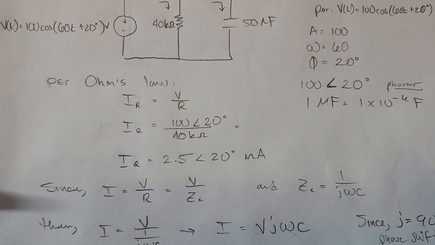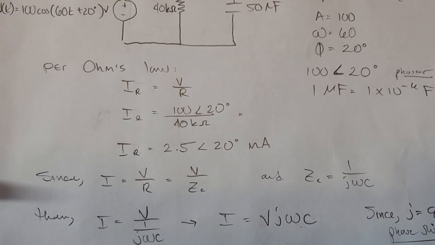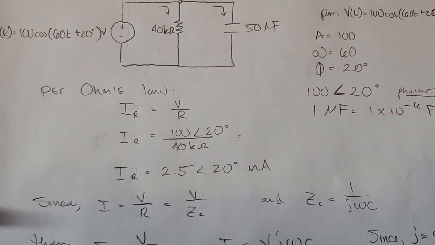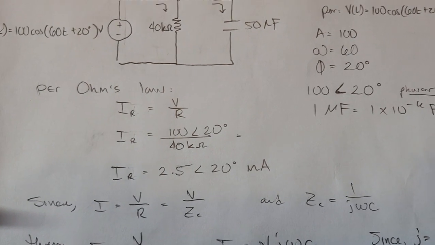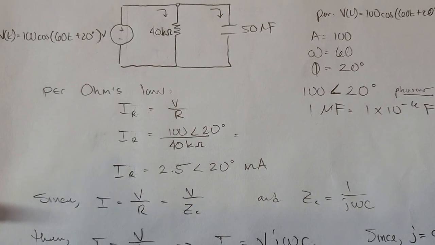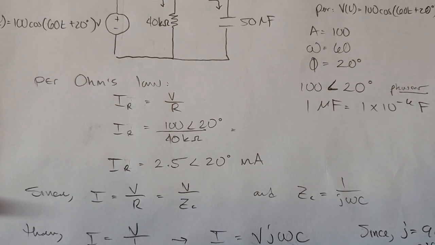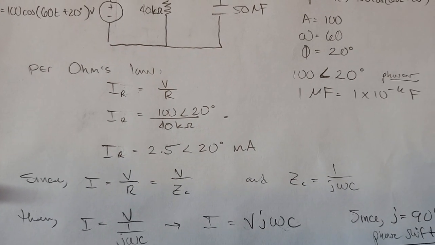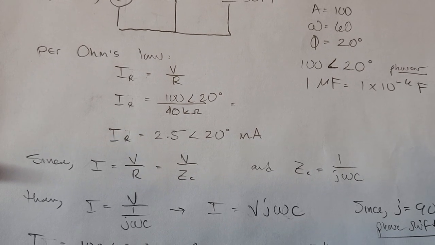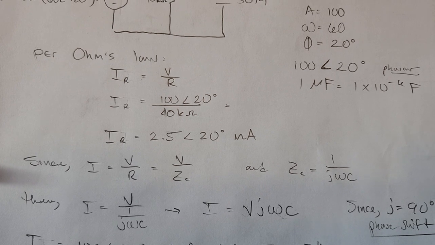But I decided to simplify things by also utilizing Ohm's law, which is current equals voltage over impedance. Yes, impedance, and the impedance of a capacitor is equal to 1 over the imaginary number j times the angular frequency times the capacitance.